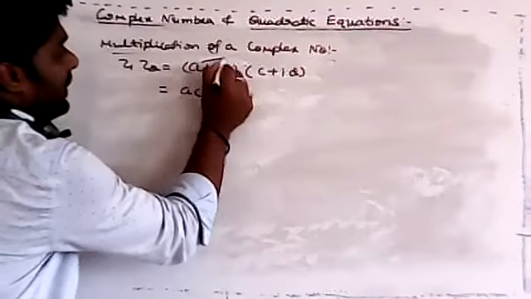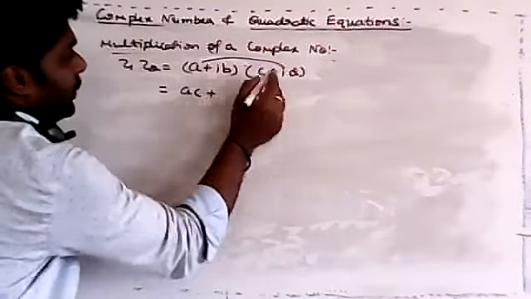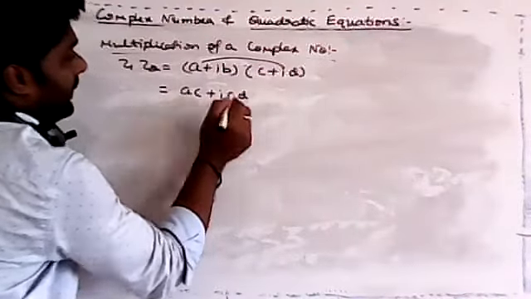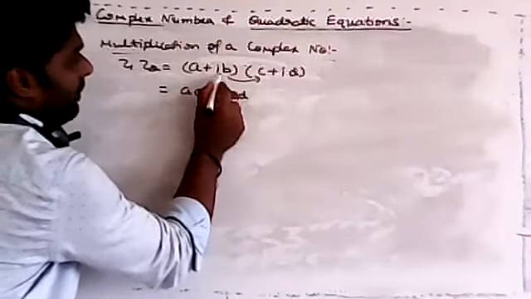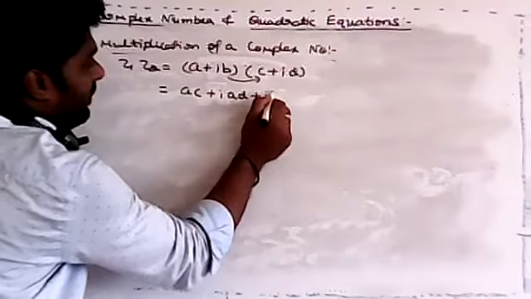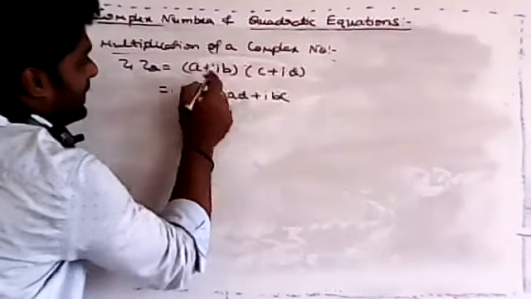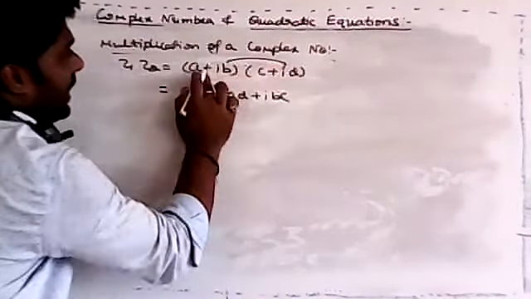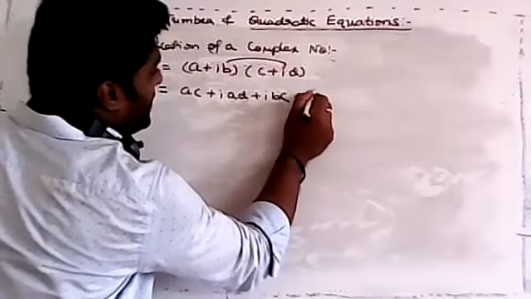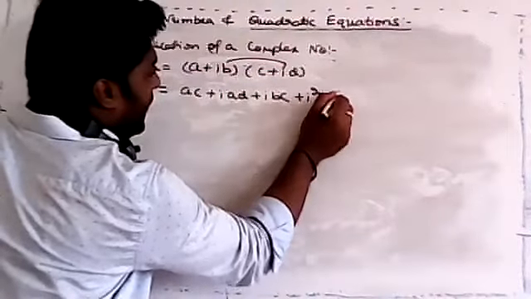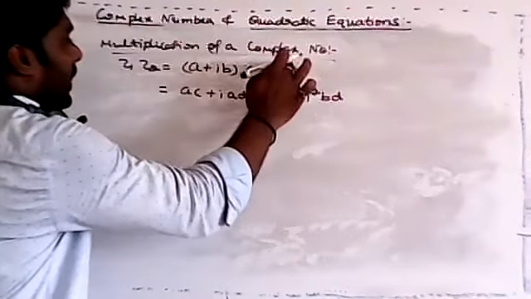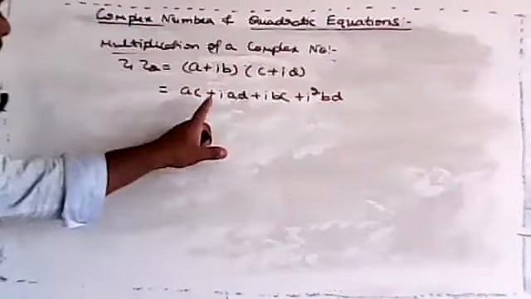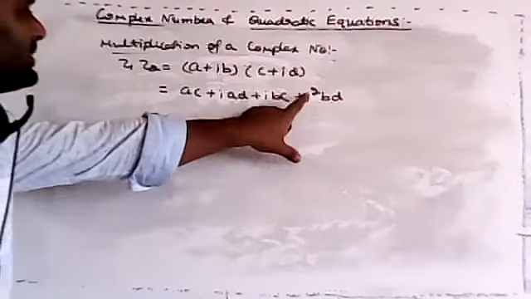Next, a into id is iad. Next, ib into c is ibc. Last term, i into i is i square, so i square bd. Directly you can write: ac plus iad plus ibc plus i square bd. Clear?